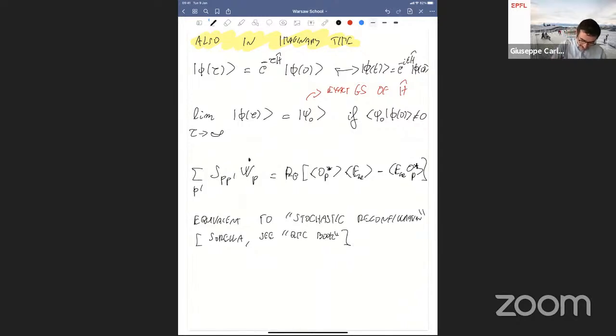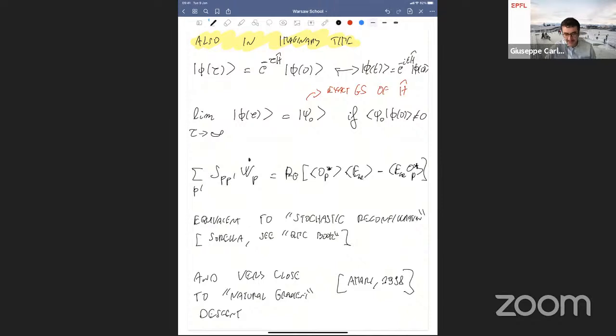And actually, incidentally, this is very close to a method that was discovered in machine learning, which is known as the natural gradient method, natural gradient descent, that was invented by Amari in the context of unsupervised machine learning, essentially, so not quantum mechanics.